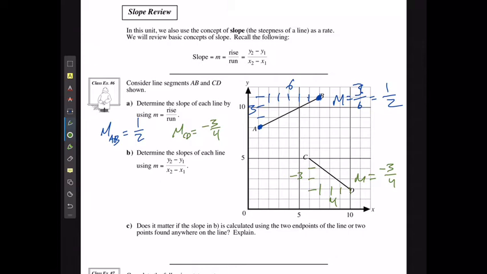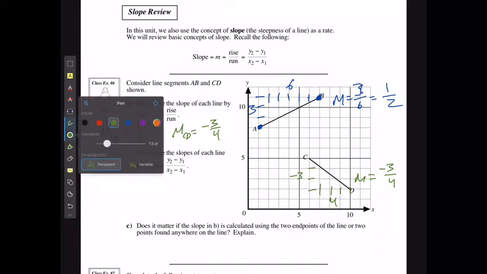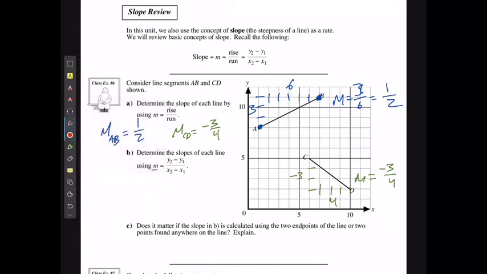If I'm using my slope formula in order to determine this, I need to figure out what these points are. Well, I can see that point A is going to be (1, 8). Point B in this case is (7, 11).